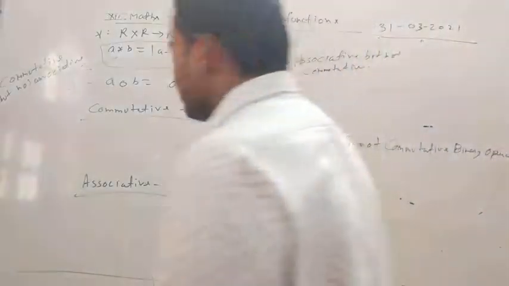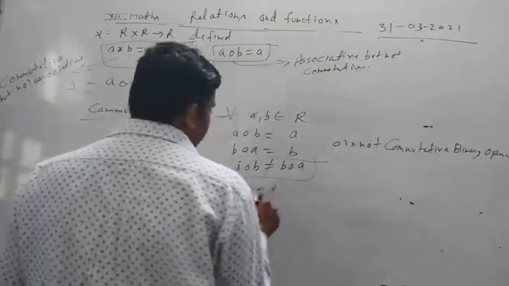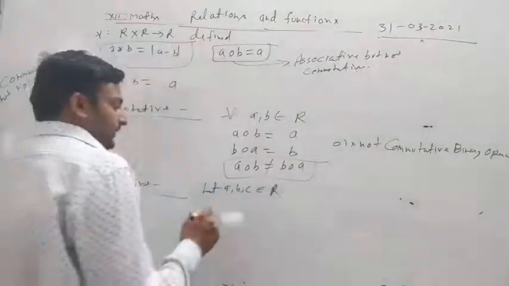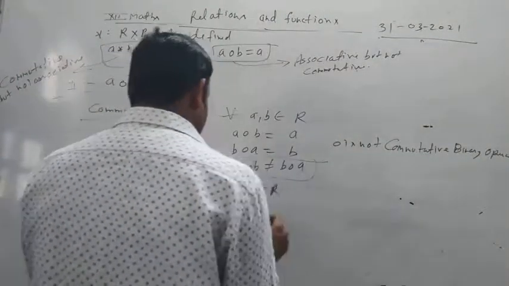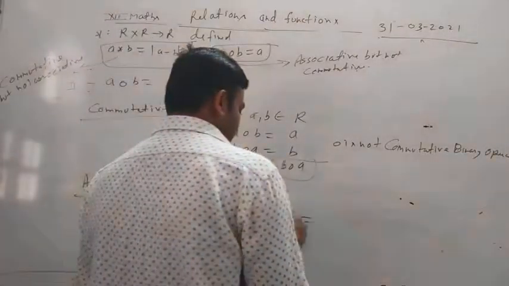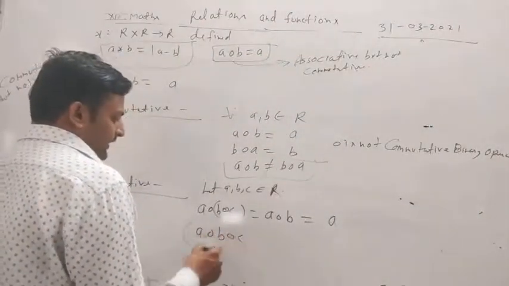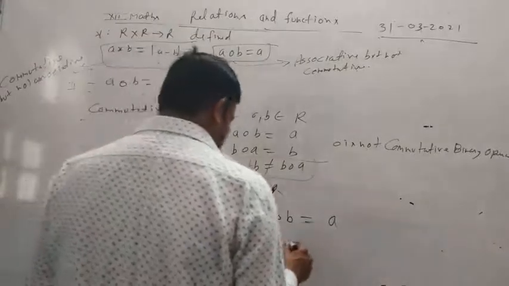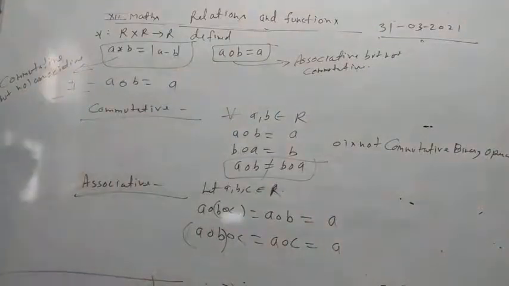Okay students. Now we take three elements A, B, C belonging to R, and we check A operation, B operation C. So A operation (B operation C) is equal to A operation B, which is equal to A. And (A operation B) operation C is equal to A operation C, which is equal to A. So from here we see that this is associative.